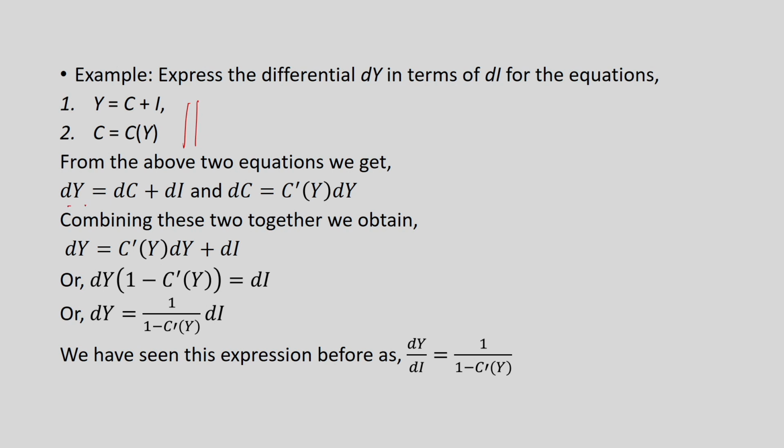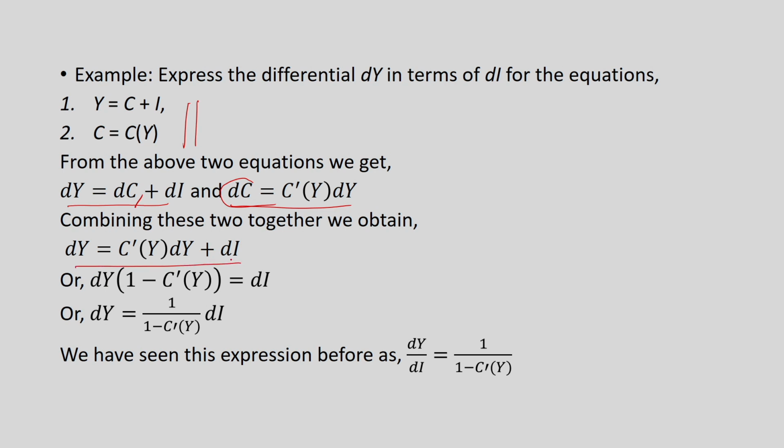First I take the differential of the first equation, and I will get dy is equal to dc plus di. From the second one I will get dc is equal to c prime y dy, and then I will use dc from here in this first expression.